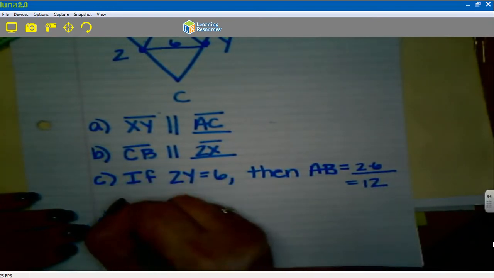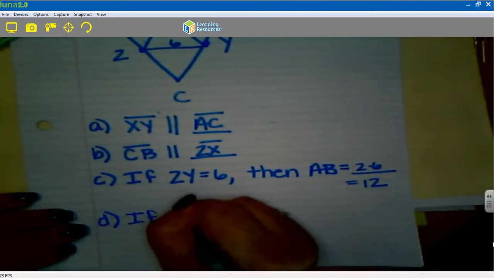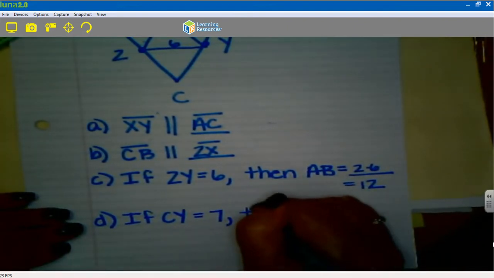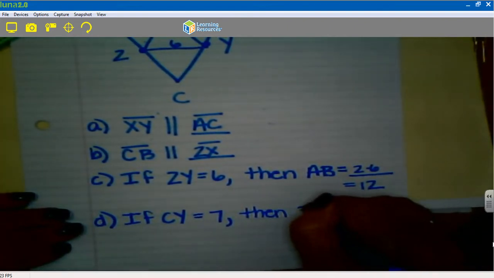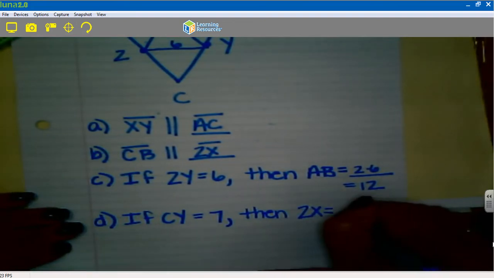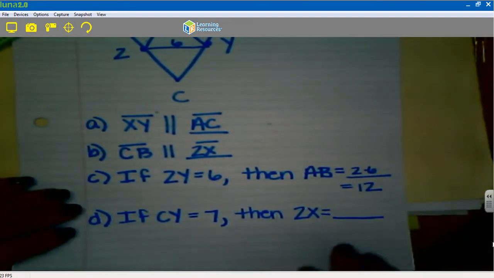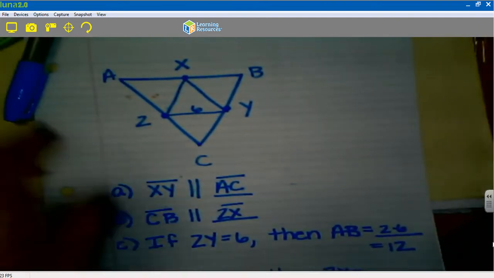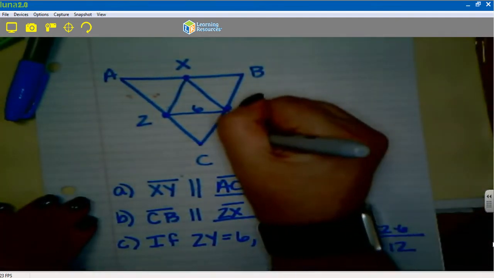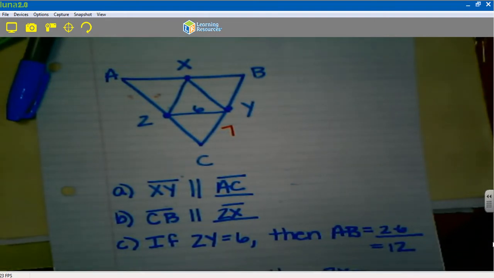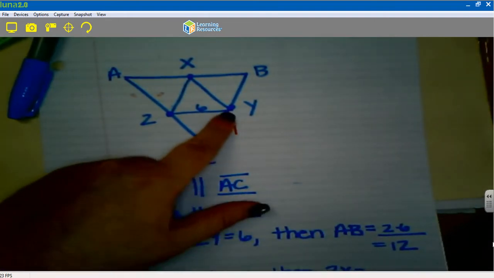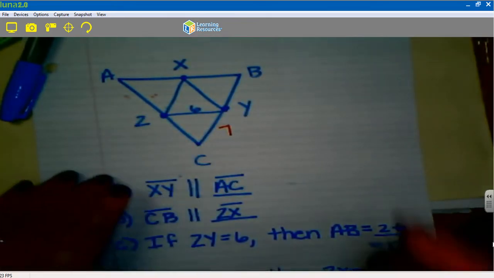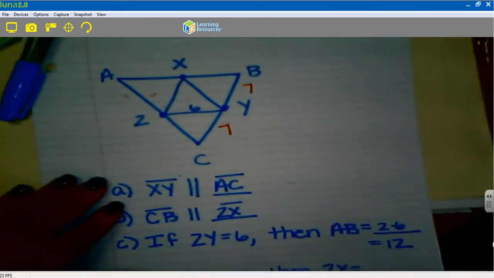Part D, if CY is equal to 7, then ZX is equal to what? So here's CY, is 7. Okay, remember point Y, that's a midpoint on this right side of the triangle, so that means that this is also 7.